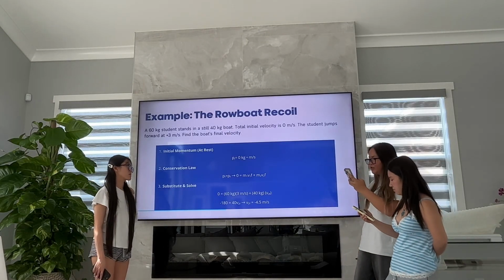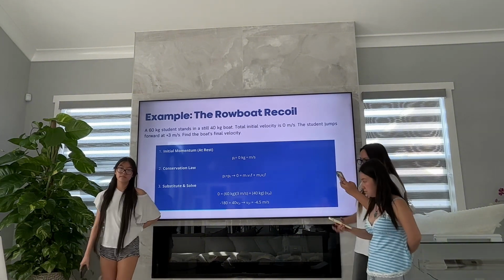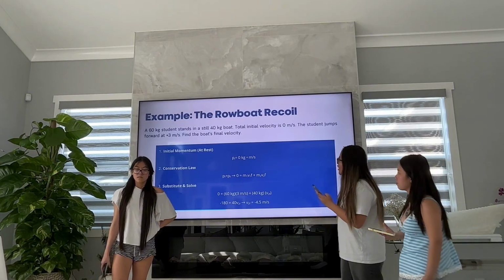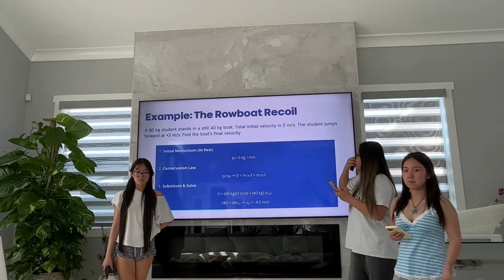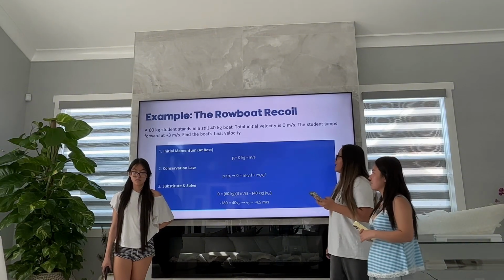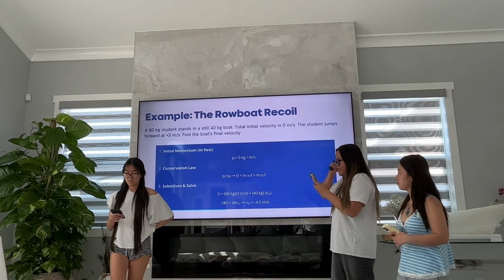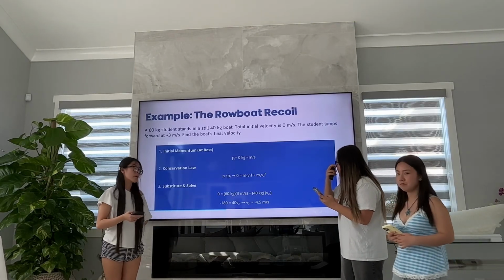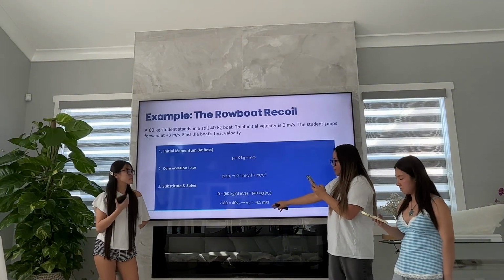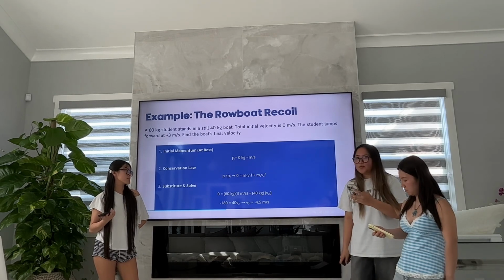If the student were to jump forward at 3 meters per second and we wanted to find the final velocity, we would first take the initial momentum, so Pi equals 0 kilogram meters per second. Then we would use the conservation law to set the final state equal to 0, substitute and solve. We would find that the negative sign shows that the boat recoils and moves backwards at 4.5 meters per second to conserve momentum.